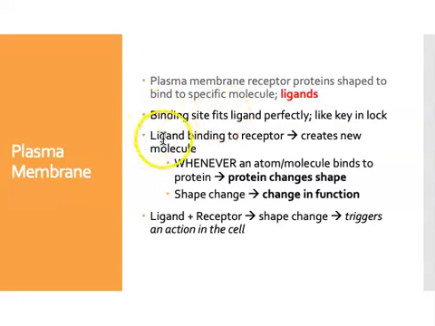As that ligand binds to the receptor, you're essentially creating a brand new molecule. Remember this: whenever an atom or a molecule binds to a protein, the protein is going to change shape.